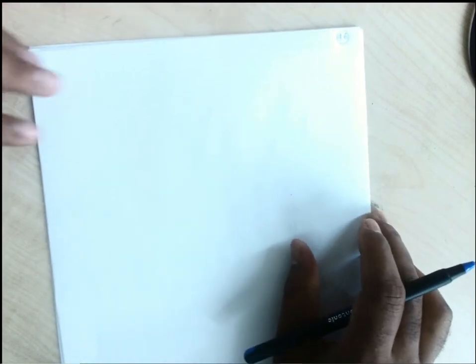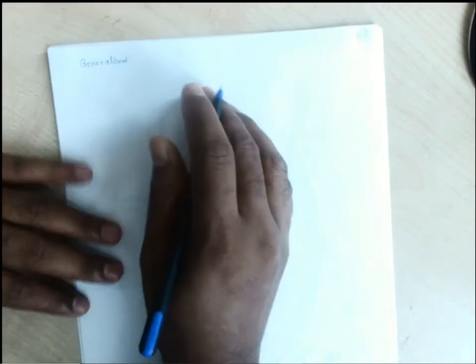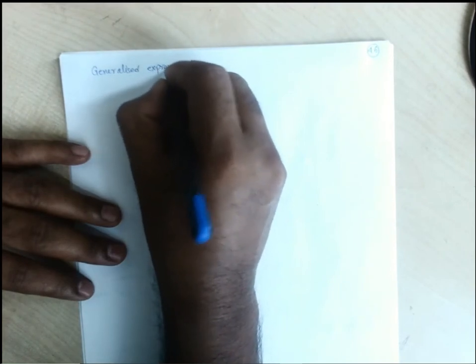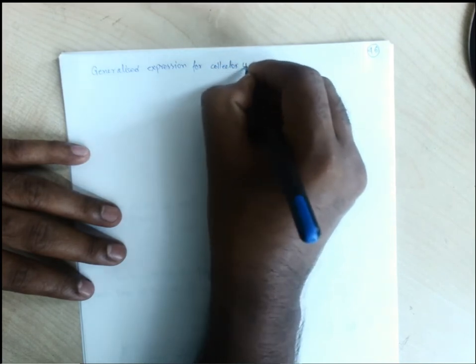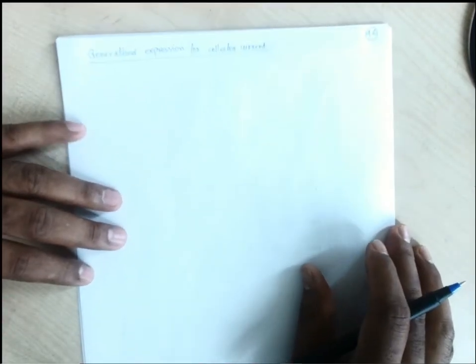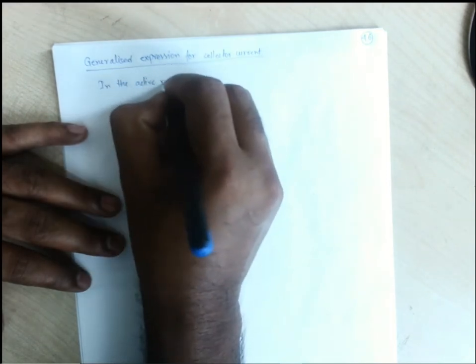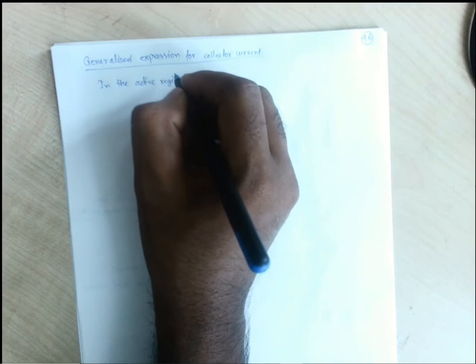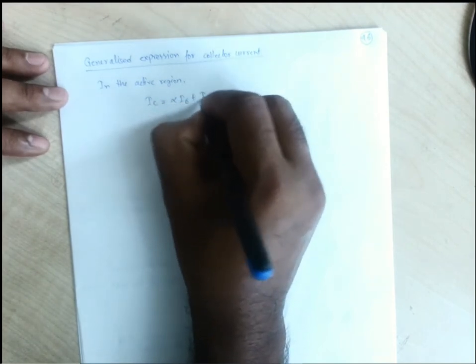Now we'll take out a generalized expression for the collector current. What we have found in the active region of operation is that the collector current IC is equal to alpha IE plus ICO.